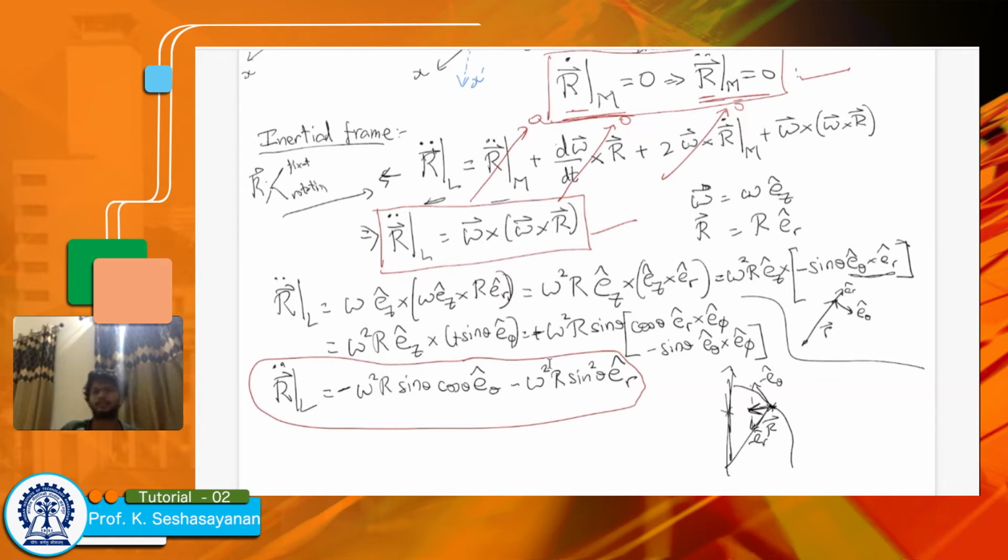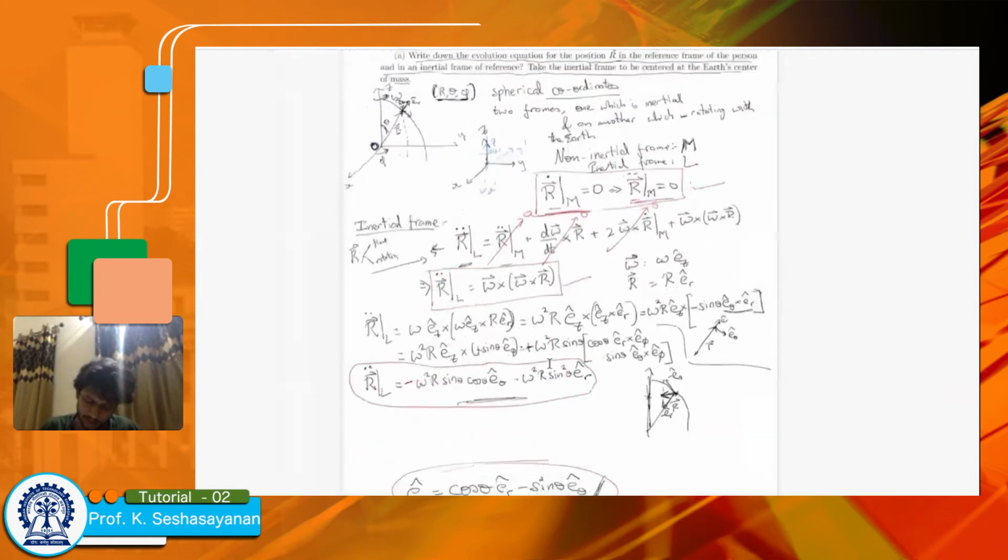Since this R vector is rotating about the Z axis, R double dot is nothing but the centripetal acceleration, which is making the person or the observer move along circles about the Z axis. So this is what we get. So it physically makes sense.